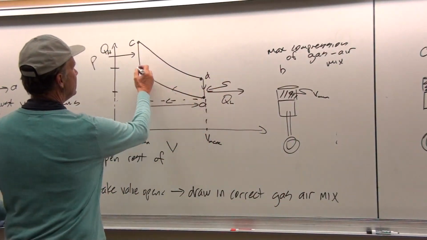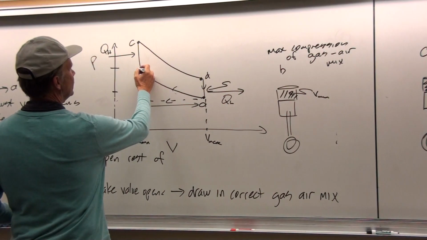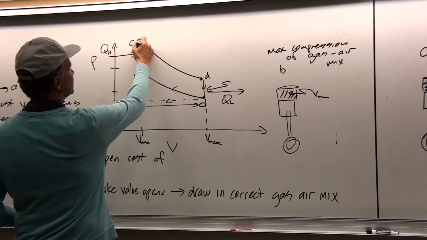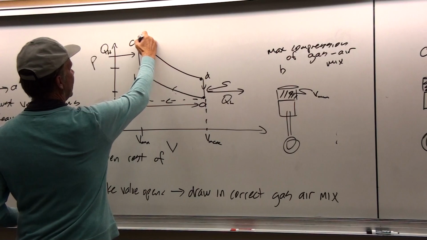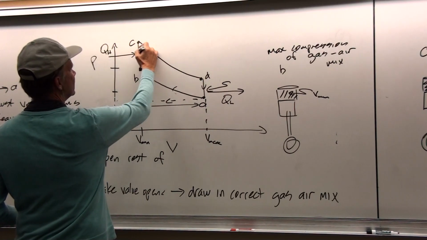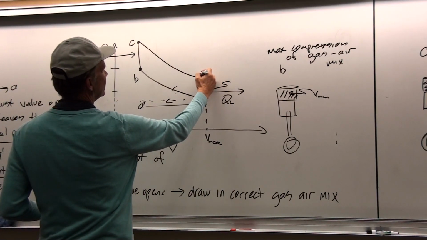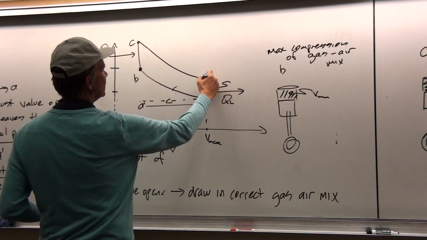So we go from A to B, that's adiabatic compression. B to C, the gas-air mix is ignited by the spark plug and creates a constant volume increase in pressure as the heat is absorbed. We have the power stroke. Okay, and during the power stroke, we get our useful work done.